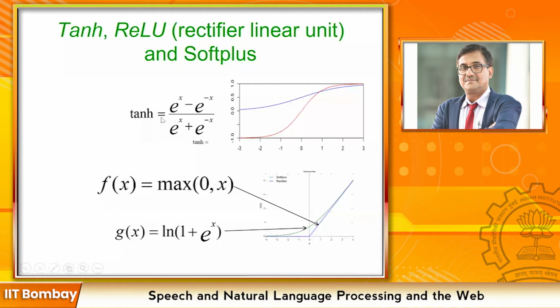Since in all kinds of gradient descent methods we cannot deal with discontinuity, we have to make a continuous approximation to this function. So that is approximated by log of 1 plus e to the power x. This is also called the softplus function that approximates ReLU.